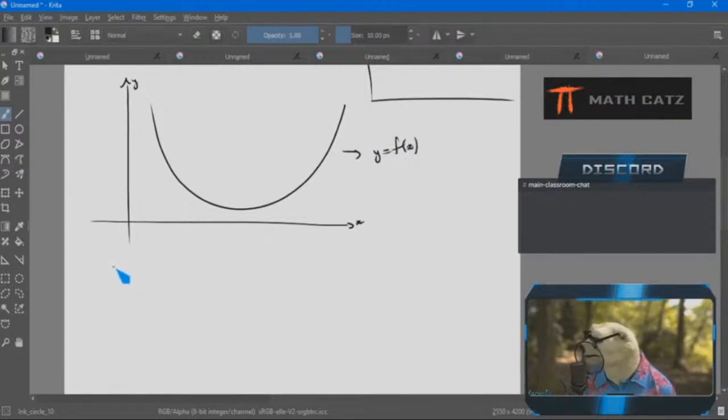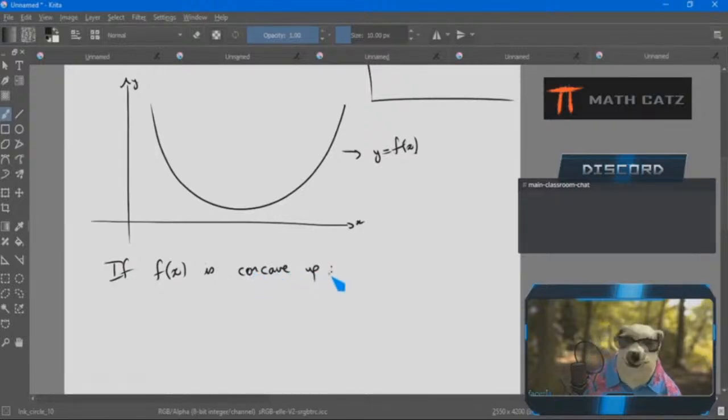So, if f of x is looking like this, concave up, what can I say about the slope values? Well, let's take some points of interest here. Let's take this point, and this point, and this point, and this point, and this point. Of course, there are many. I'm just taking some of them. And let's look at some tangent lines here.